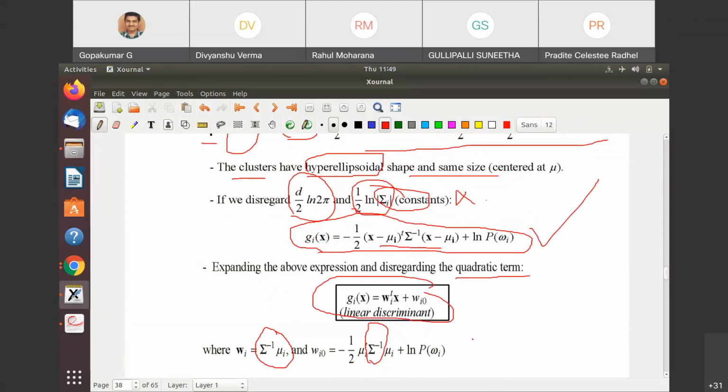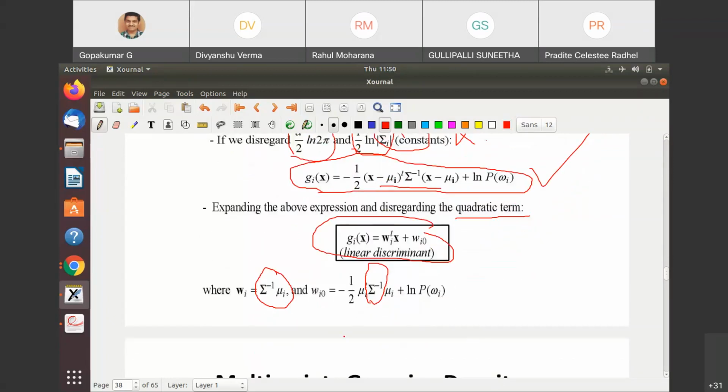That is the difference. But here also we can call it a linear discriminant, because the quadratic term of x is constant, so we can ignore it. There is no higher order term, just linear in x, so this case also corresponds to a linear discriminant.